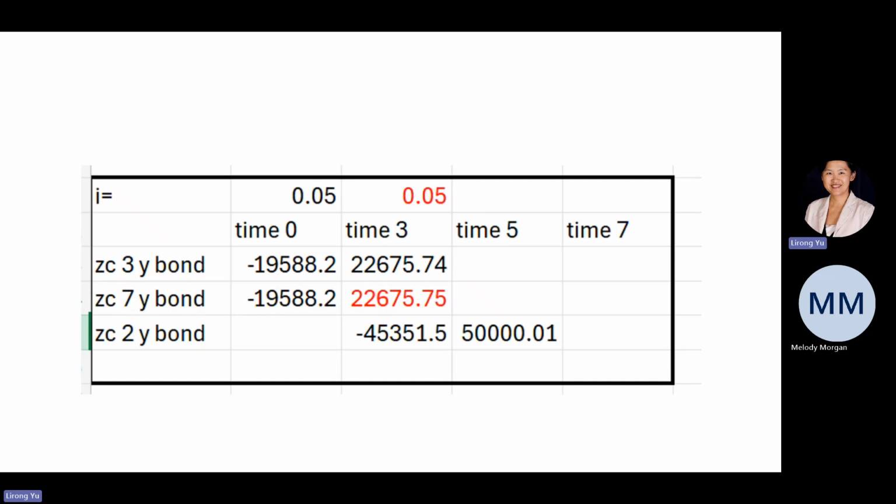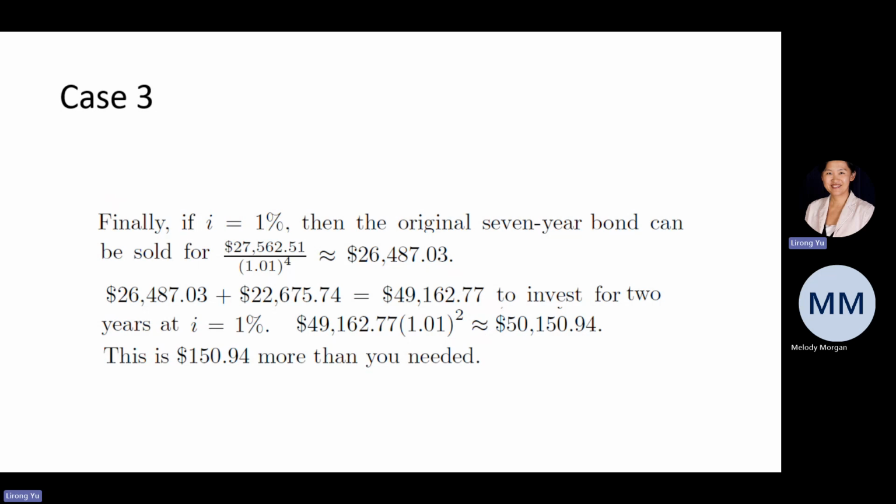That's the second scenario. The third scenario is what if the interest rate drops? That is going to severely increase the money that we get from selling the 7-year zero coupon bond, combined with the redeemed value from the 3-year zero coupon bond. And now we're buying the 2-year zero coupon bond, so we can cover the time 5 liability.